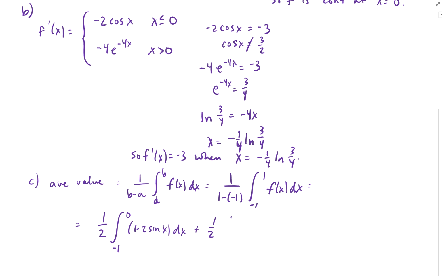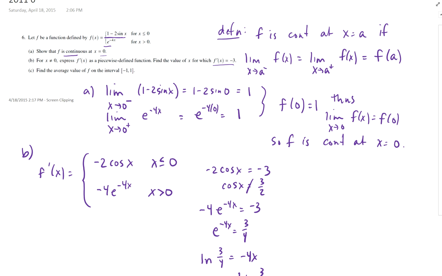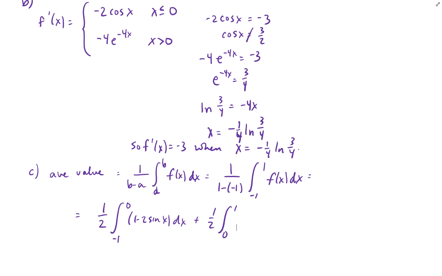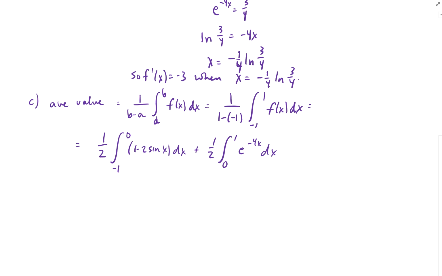Plus 1/2 the integral from 0 to 1 of e to the negative 4x, right? Okay, it's just a matter of doing these. So let's go ahead and just crunch this out real quick, and then we're done with this test.